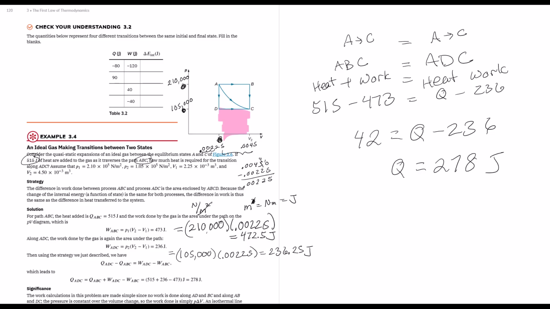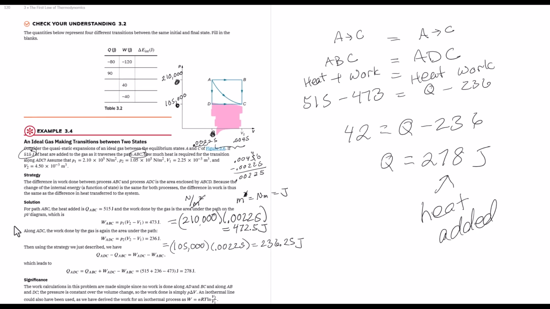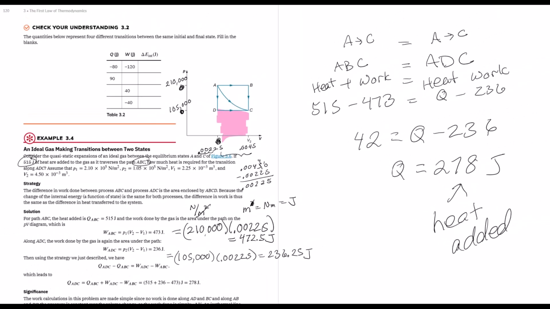That's about how much heat is added to the system when I go that way, which is less heat, but it also requires less work. So that's pretty cool. A very basic use of the first law of thermodynamics.